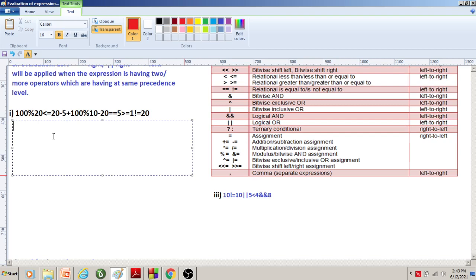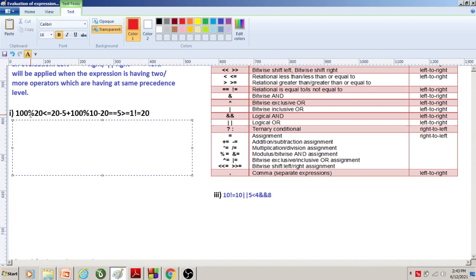Then only it is possible to select the correct operator for the evaluation. So in this expression we have the modulus operator, less than or equal to sign, subtraction operator, addition, double equal to sign, not equal to sign, and greater than or equal to sign.